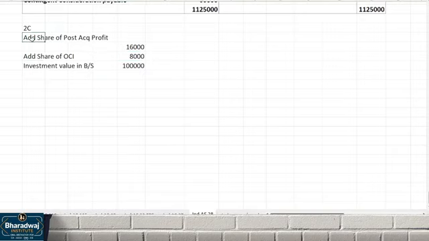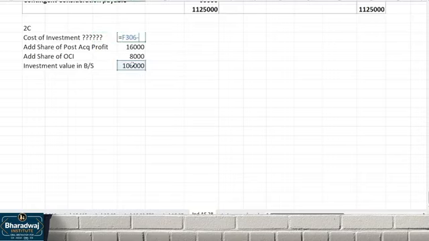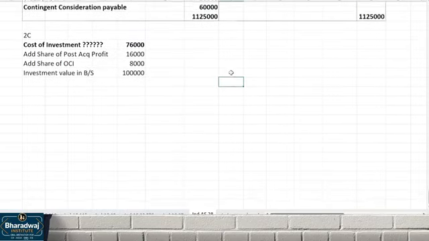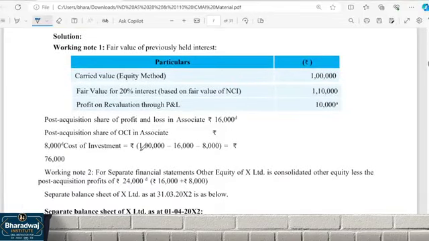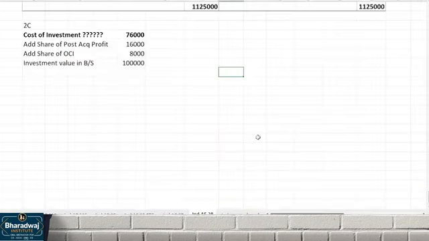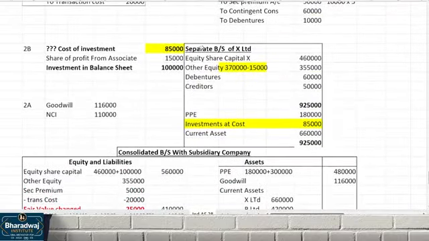Then what would have been the cost of investment? 1 lakh includes this 8,000 and 16,000. The cost of investment would have been 76,000, that is, 1 lakh minus 16,000 minus 8,000.